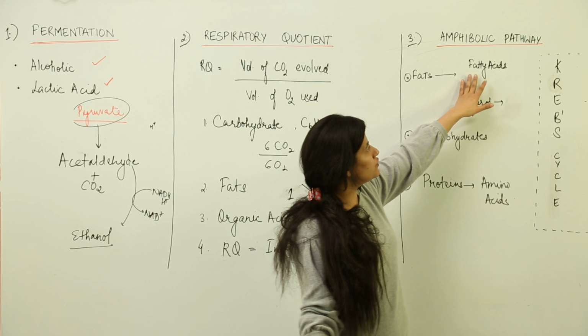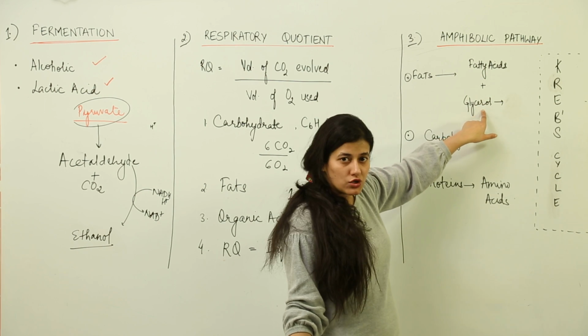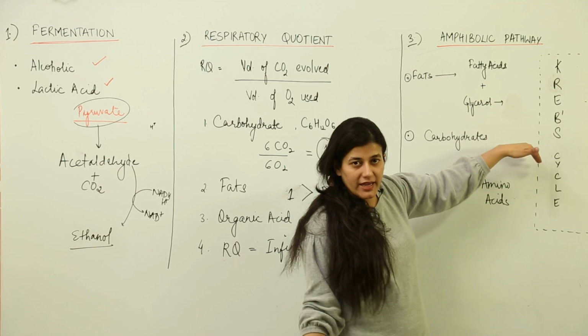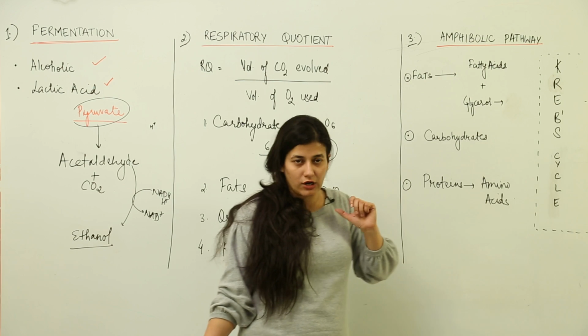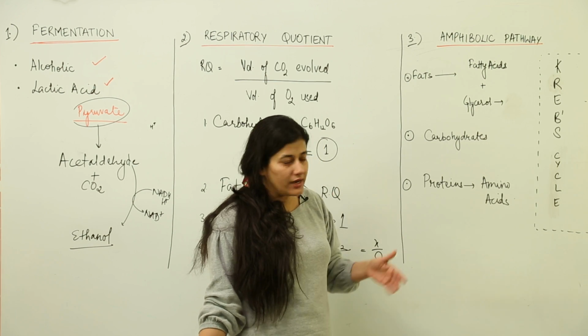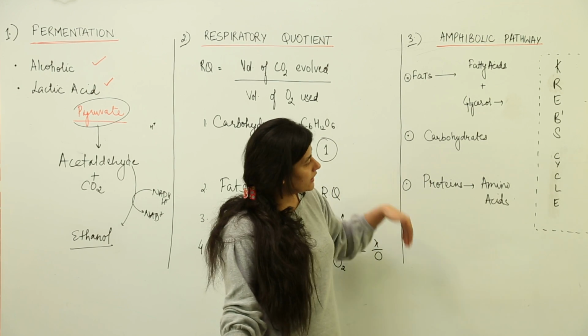Fats would break down into fatty acids and glycerol under enzymatic activity. This glycerol would enter glycolysis and then the Krebs cycle by the same process we study under aerobic respiration: glycolysis, in which we have pyruvate in the end, then that pyruvate changes to acetyl coenzyme A, and then that enters the Krebs cycle.